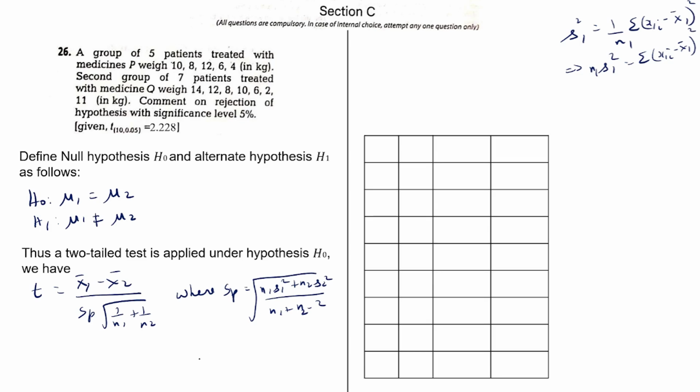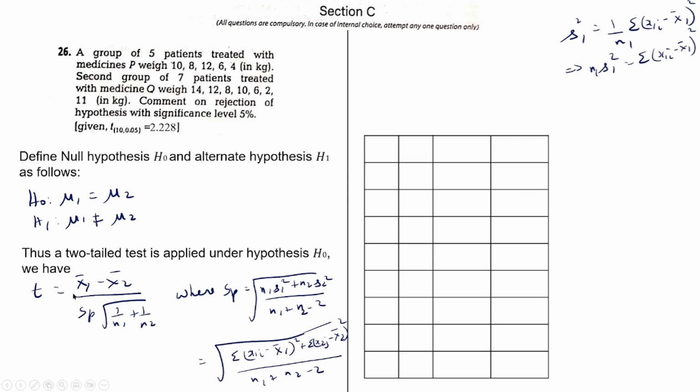So from this we will get the pooled variance as summation x1i minus x1 bar the whole square plus summation x2j minus x2 bar the whole square upon n1 plus n2 minus 2.